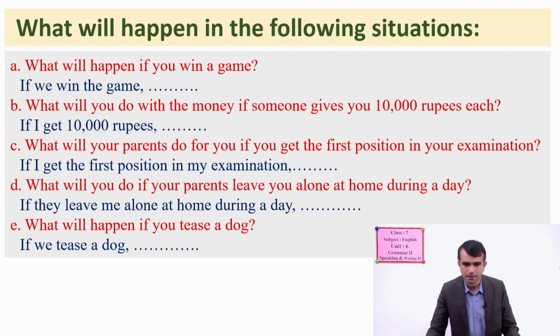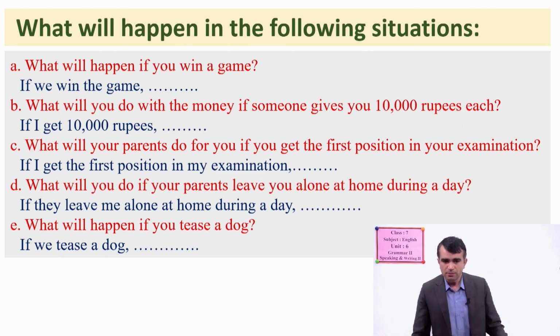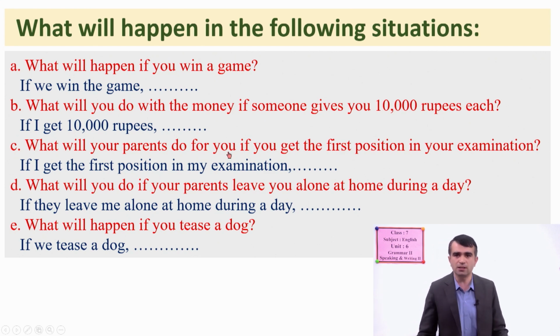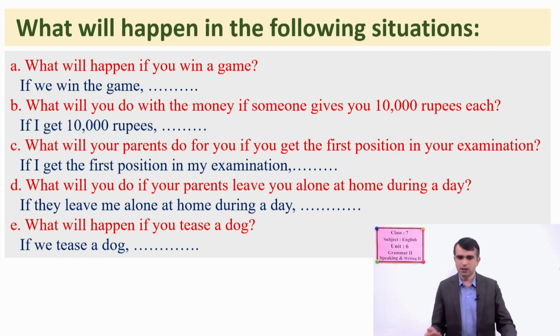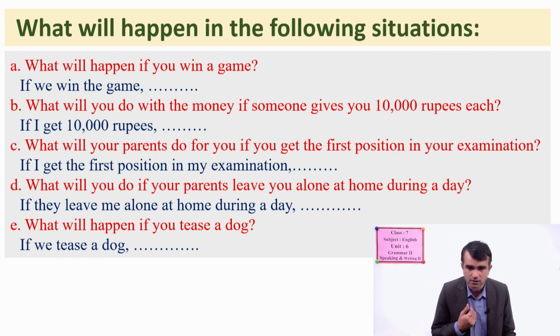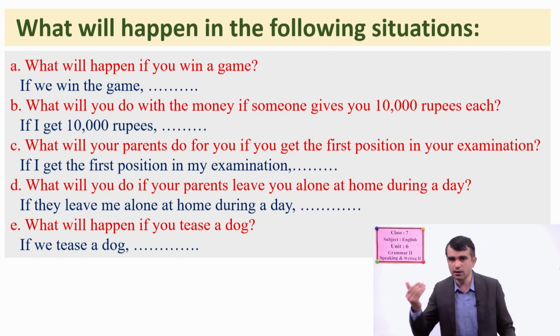Okay. Well, number C, what will your parents do for you if you get the first position in your examination? Okay, what will they do? So, if I get the first position in my examination, then my parents will what?